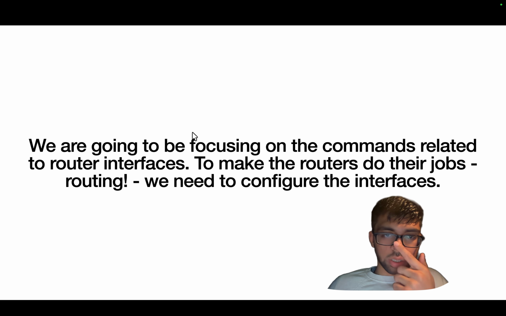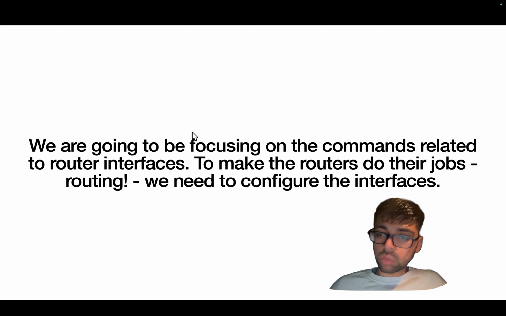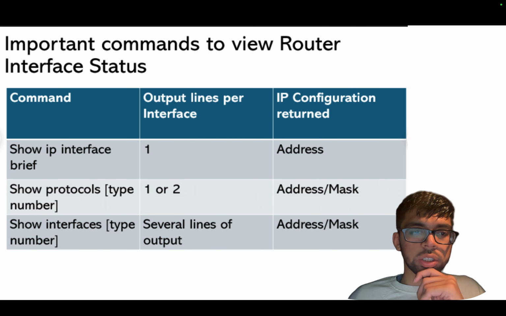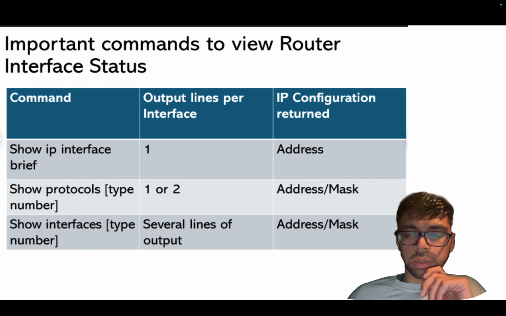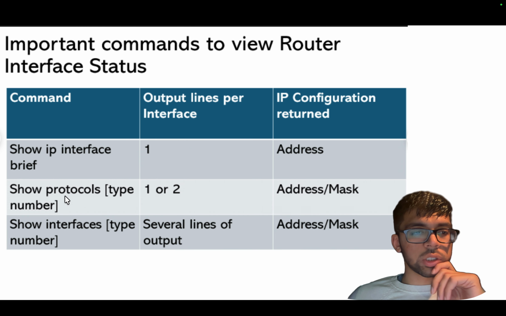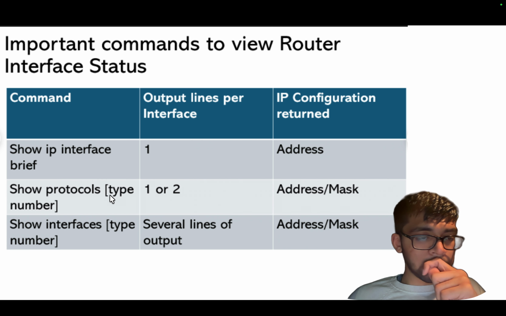Now let's focus on the commands related to router interfaces to make routers do their jobs. Routing, right? Key commands to view the router interface status. There are 3 we're going to talk about. Show ip interface brief, show protocols type number, in square brackets. That doesn't mean type a number in.